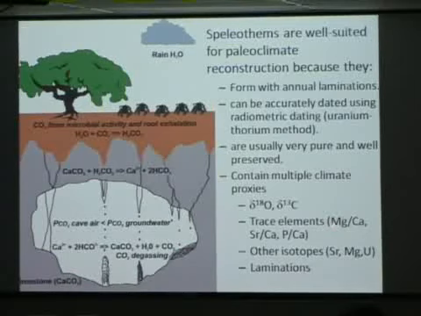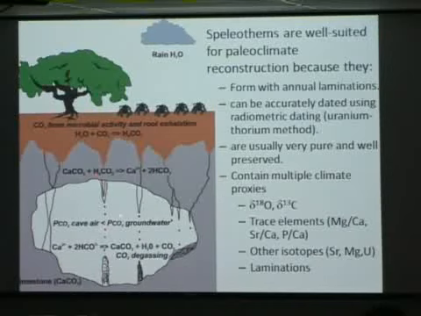And also, very importantly, they contain a number of physical and geochemical indicators which reflect the climate at the time that they formed. Of those, the two most commonly measured are delta O18 and delta C13, the stable isotope composition of the calcite. And in this talk, I'm going to focus mainly on delta O18. And then they also contain trace element variations, which are reflecting hydrological changes or perhaps temperature in some cases.